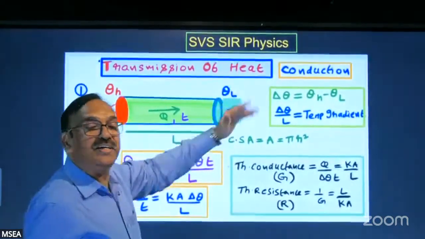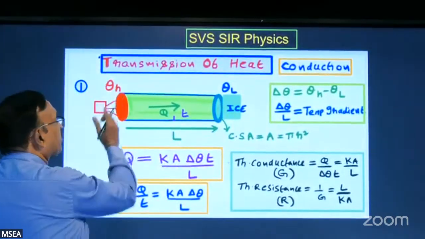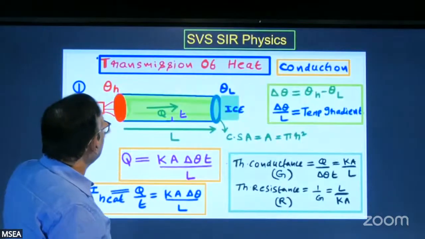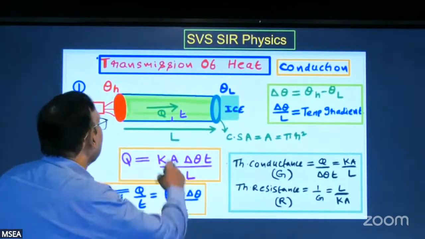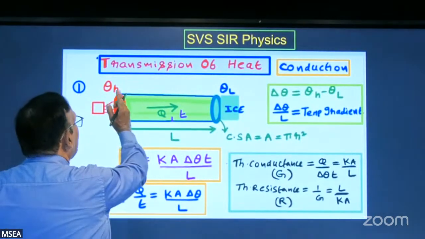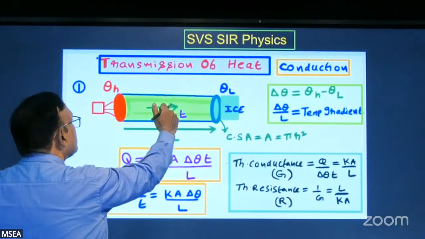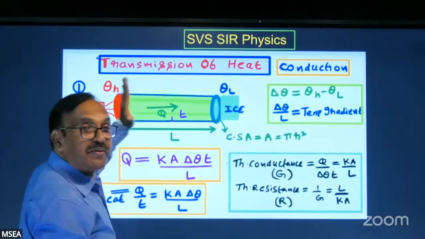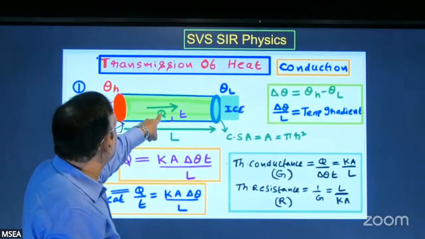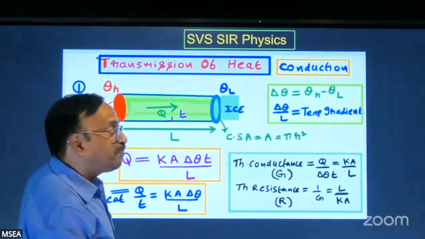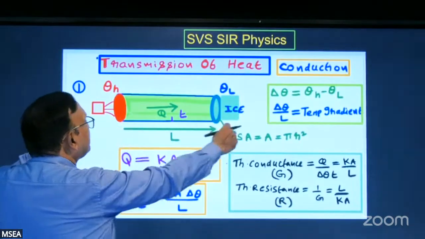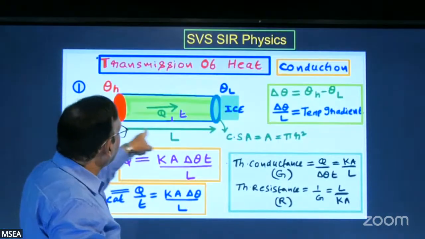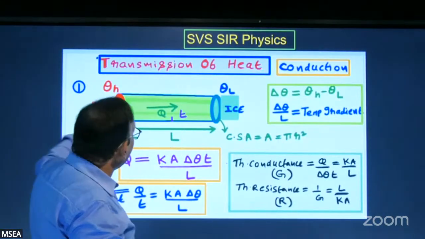Because of the temperature difference, heat energy will start flowing from higher temperature to low temperature. Let us say that in a time interval T, the quantity of heat energy flowing from higher temperature to lower temperature is Q. Then L stands for the length of the conductor, or the length of the heat path.